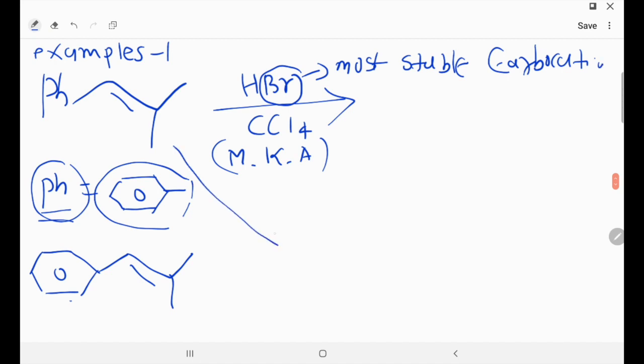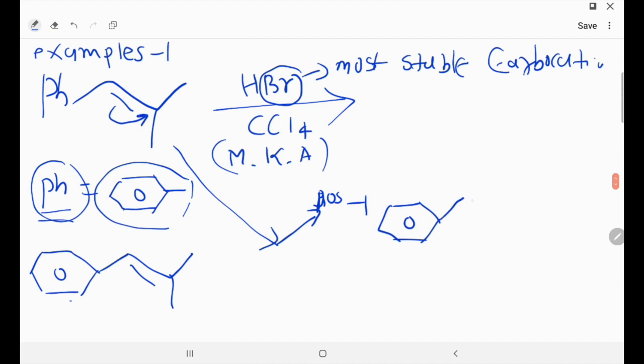Now in this particular case, there is possibility number 1. Let's check possibility number 1. What is possibility number 1? Benzene ring. In the first case, suppose we transfer this electron onto this particular carbon.